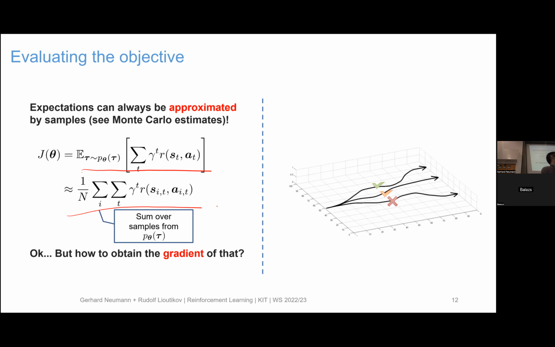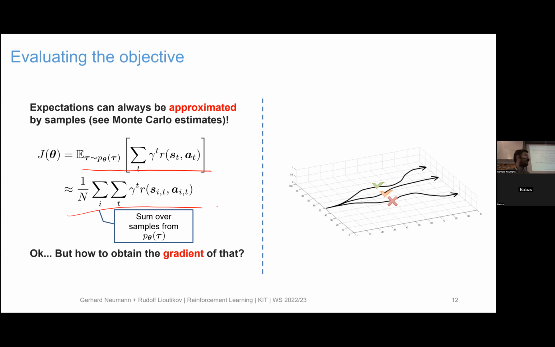That would be how good my policy currently is, the expected return of the policy. But the problem you immediately see is that if I write down this average return and want to compute a gradient, there is no theta anymore. If I derive that with respect to theta, this will be 0. Maybe not so useful.